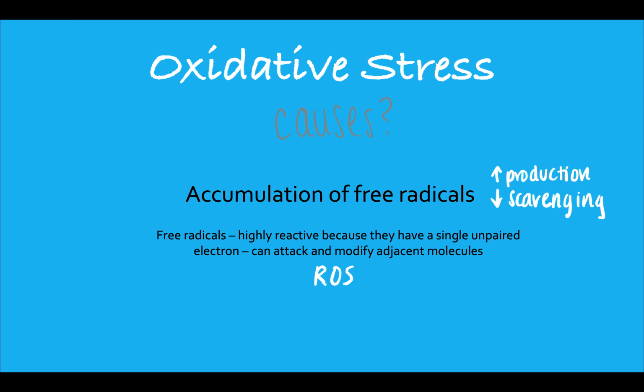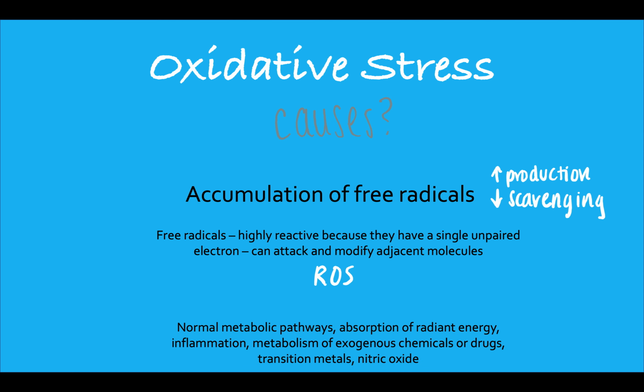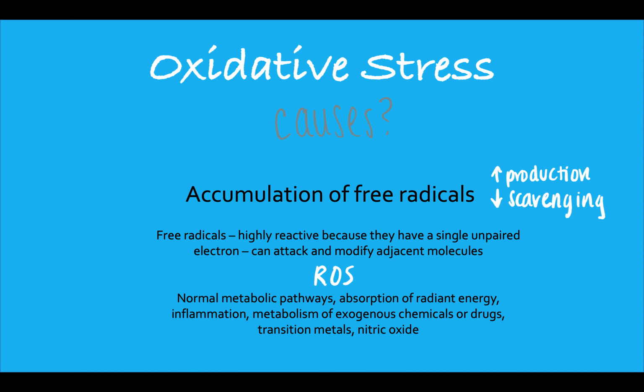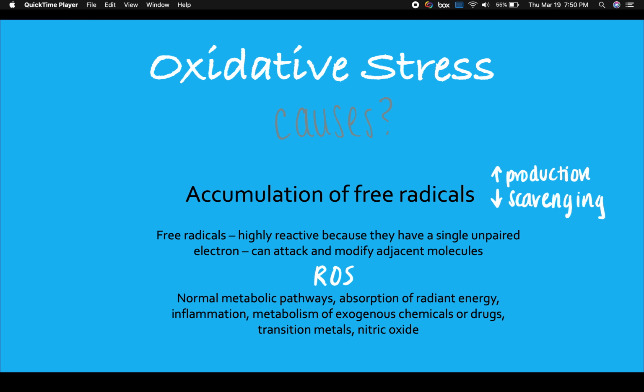So how do these accumulate? Well, there are so many different ways. These are just a couple of them. Normal metabolic pathways like mitochondrial respiration are going to cause the reactive oxygen species. You can also have absorption of radiant energy, so things like UV light and X-rays. You can have inflammation, so activated leukocytes, especially neutrophils and macrophages, are going to release these radicals.